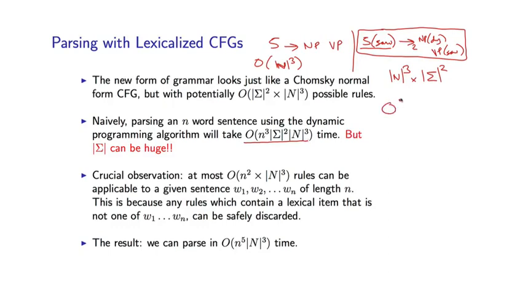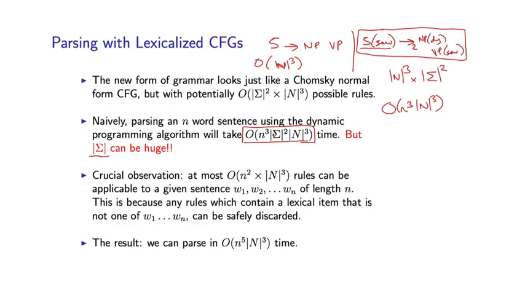Remember, before we had order n cubed times N cubed, the number of non-terminals cubed, as the runtime for dynamic programming. This is our new runtime, and we have sigma squared coming in here. This is a terrible idea because the vocabulary size can be huge. Sigma could easily be on the order of hundreds, or much more likely thousands, or even tens of thousands.